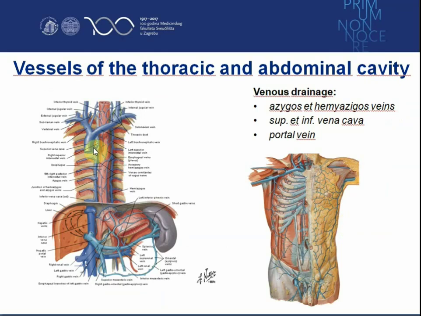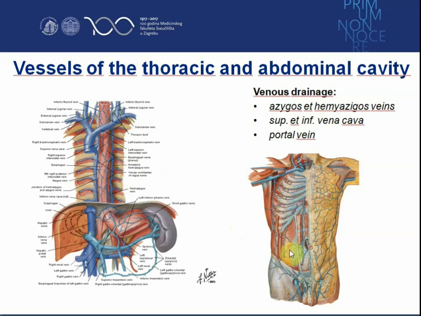Venous blood of the thoracic wall is drained by the azygos and hemiazygos veins, receiving the posterior intercostal veins, whereas the veins of the anterior wall flow into the internal thoracic vein and further into the superior vena cava from both systems.